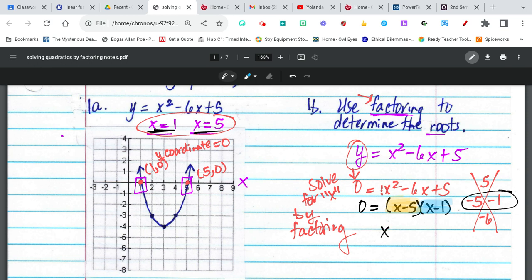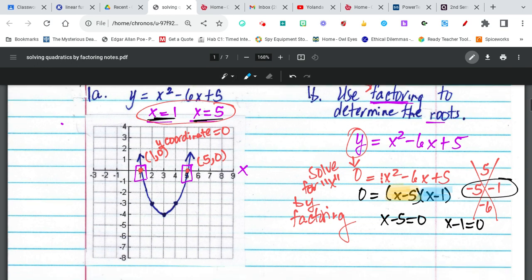What you do is take each one of those factors and set it equal to 0. Then you solve. Plus 5 on both sides, so x is equal to 5. That gives me one root. Add 1 to both sides here. That gives me the second root.